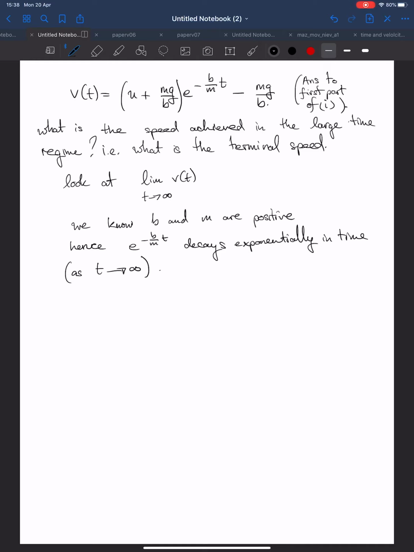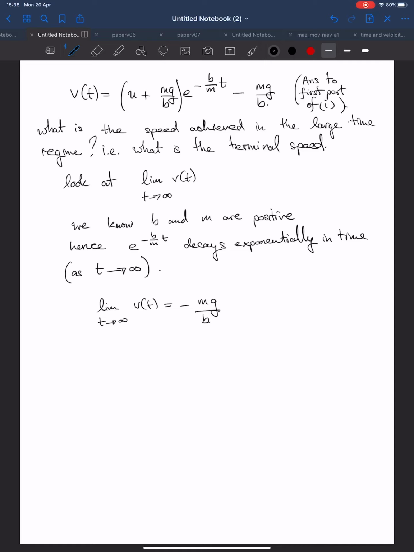So eventually what we find is the limit of this is just minus mg over b. Okay.